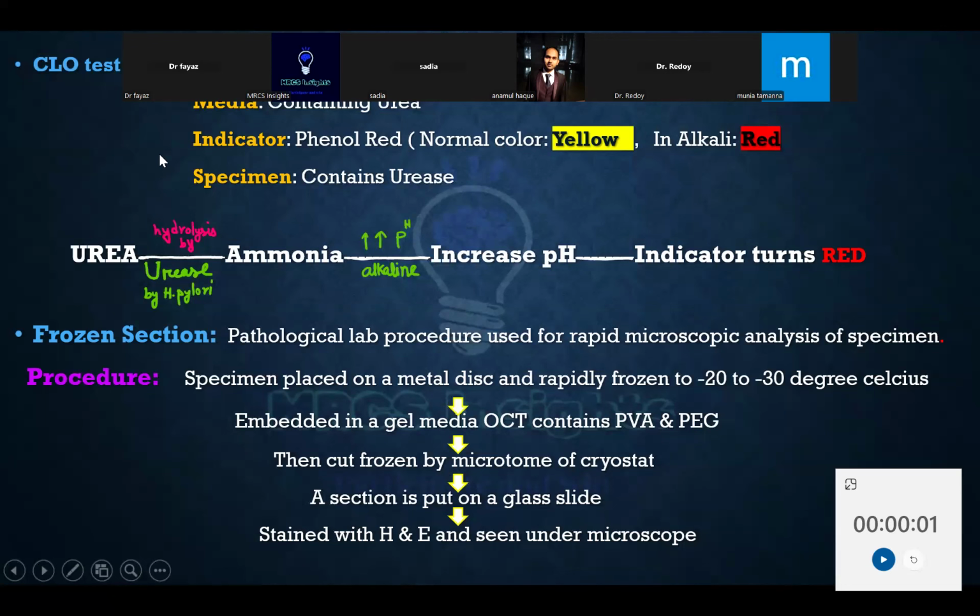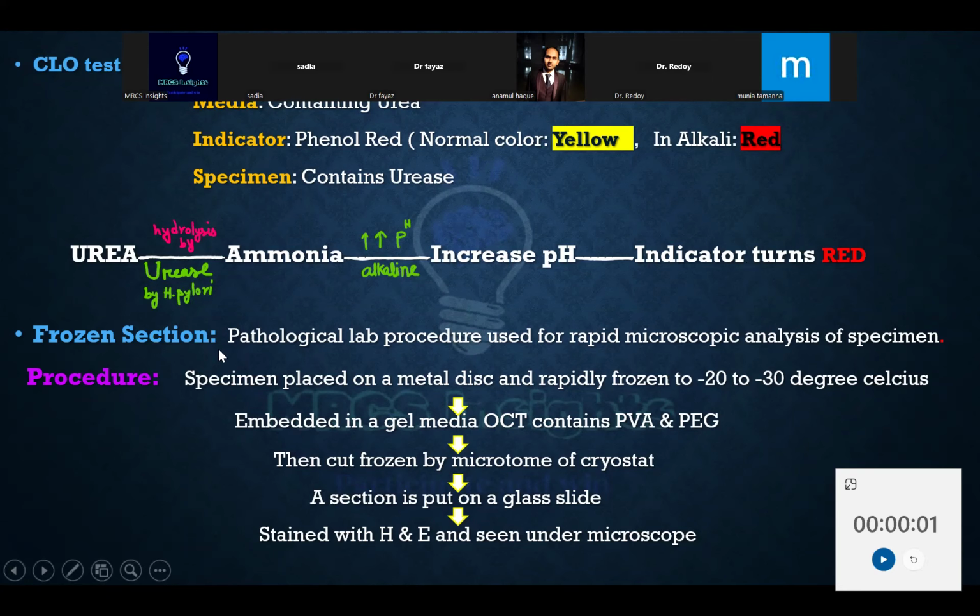If we place a sample obtained through gastroscopy into this medium, the urease produced by Helicobacter pylori hydrolyzes the urea into ammonia, which increases the pH and makes the environment alkaline. The indicator turns red, which indicates a positive reaction for Helicobacter pylori.